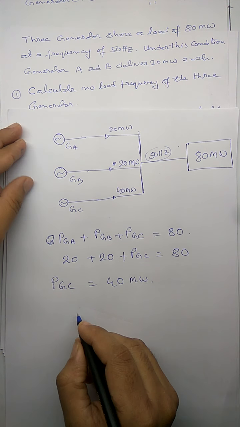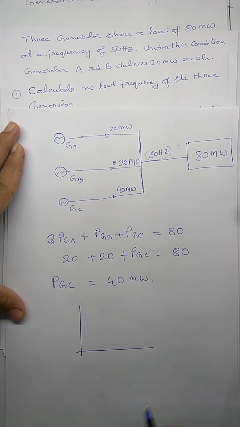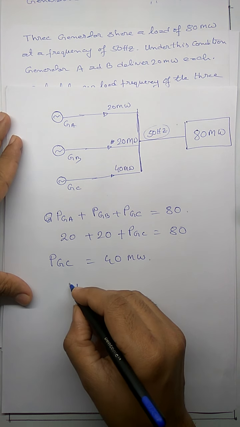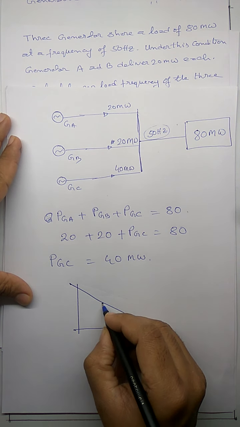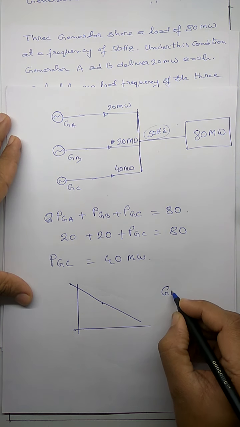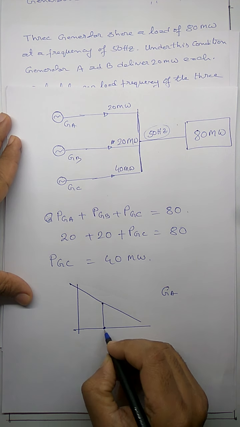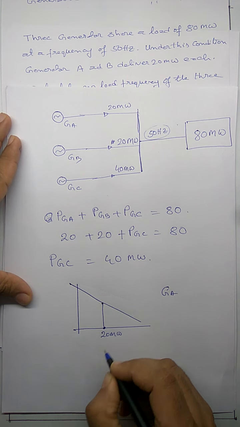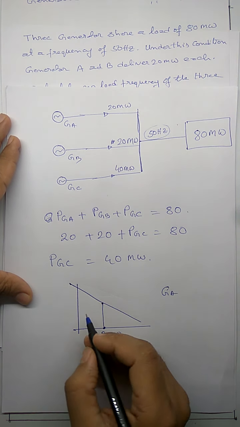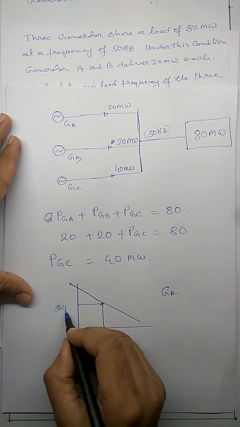Let's see one of the cases. You have a droop characteristics like this. I am talking about generator A. It is supplying a power of 20, so this power is 20 megawatt, and it is operating at a frequency of 50 hertz.